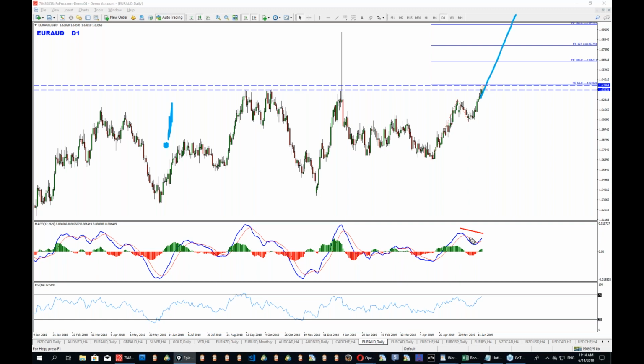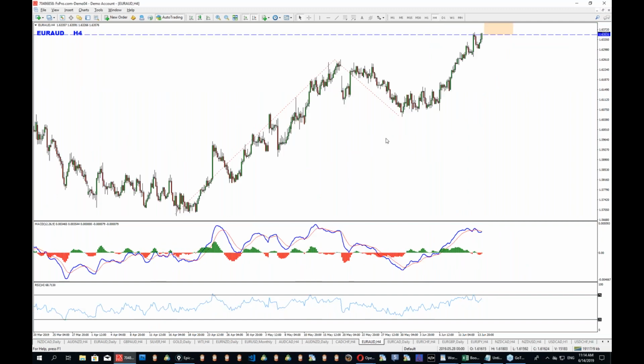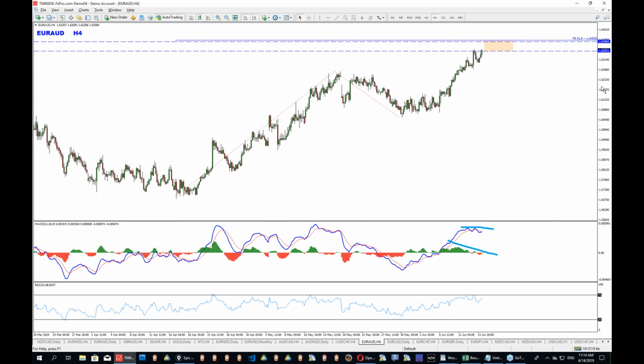It could fly, break, and no divergence, right? So only potential divergence, but the pressure appears there together with the level. And the 4-hour chart has already started showing the same bearish pressure. So the sweet spot, the ideal place for the price to go ahead, touch and test is the 64.